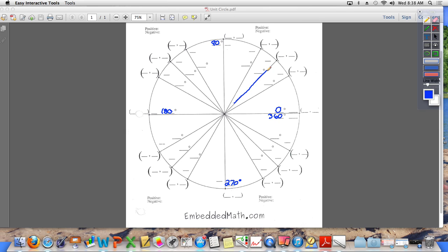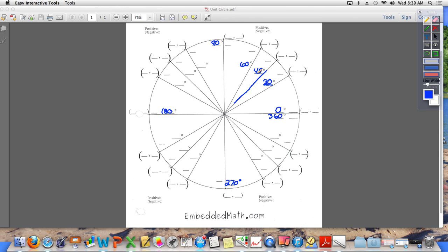So if we start here at 0 degrees and we rotate up to this blank right here, how many degrees have we rotated? 30 degrees, all right? So this is 30 degrees. Skip the one that I have kind of marked here in blue just for a second. And go to the next one up here, that would be 60 degrees. And then if we go back, what would be halfway between 30 and 60 degrees? 45. It would be 45 degrees.